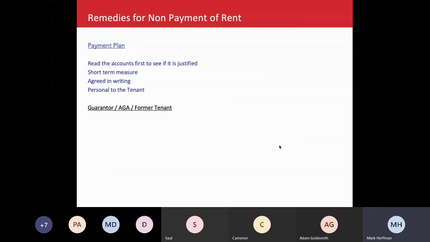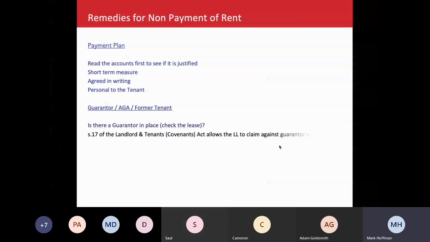Guarantor. Okay, so you've got an authorised guarantee agreement. I'm going to come on to this particular section in a bit more detail later. But first of all, check, is there a guarantor in place? Check the lease. Section 17 of the Landlord and Tenant Covenants Act of 1995 allows the landlord to claim against the guarantor within 6 months.